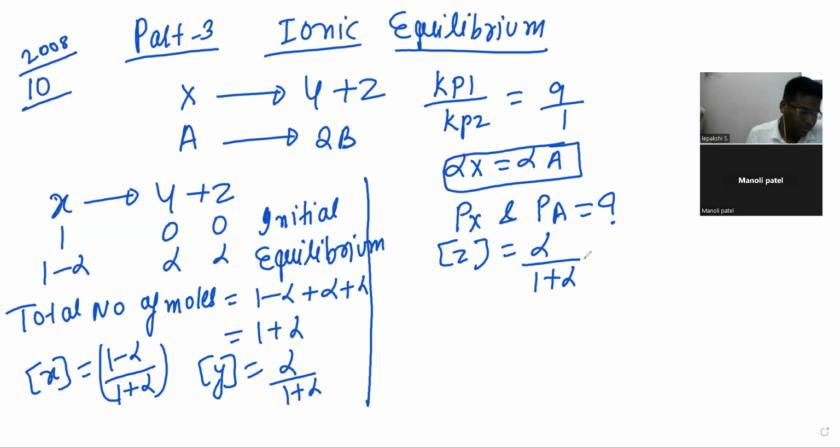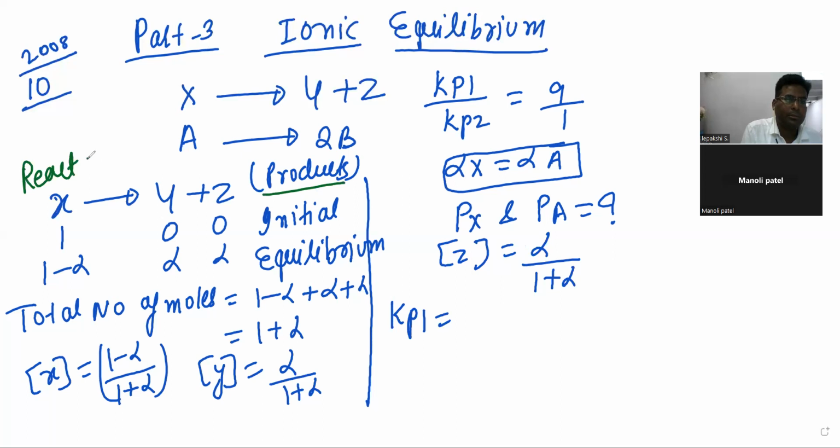So write the equilibrium constant at partial pressure P1. This is the product, so the product concentration comes first: concentration of Y into concentration of Z divided by concentration of X.